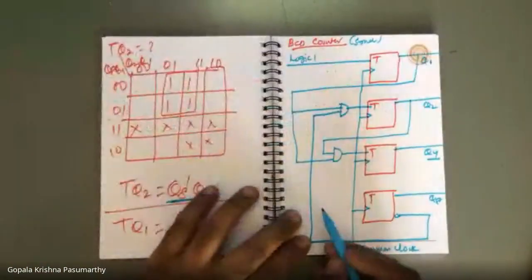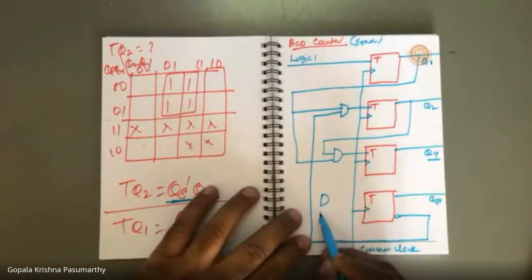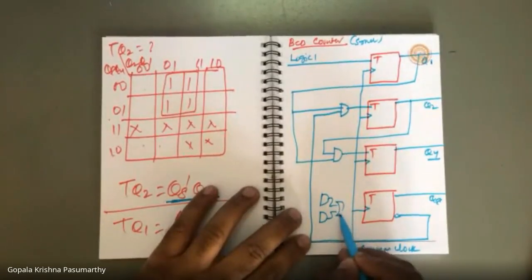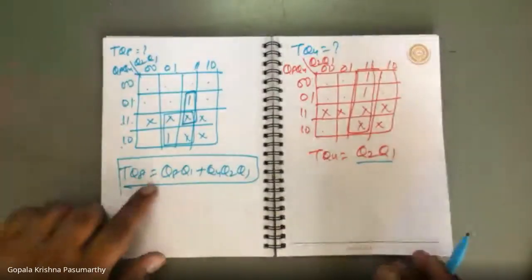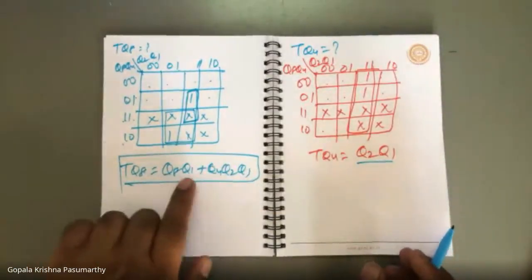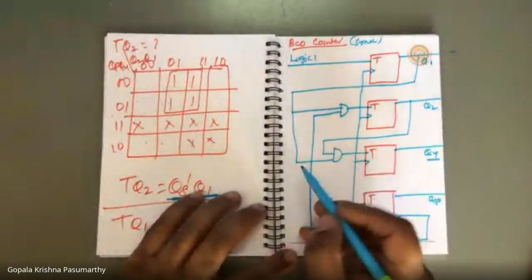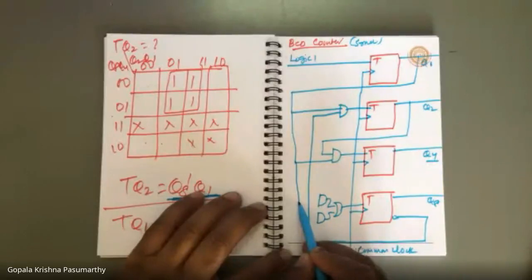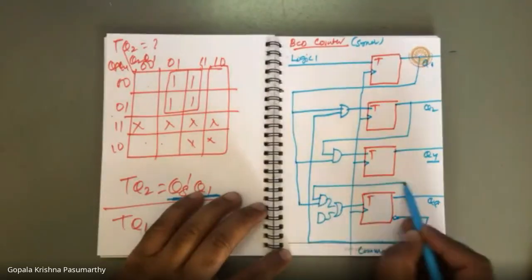What is TQ8? Q8 Q1 plus Q4 Q2 Q1: take two AND gates, give them to an OR gate and connect. For the term Q8 Q1, one line comes from Q1 and the second line from Q8.